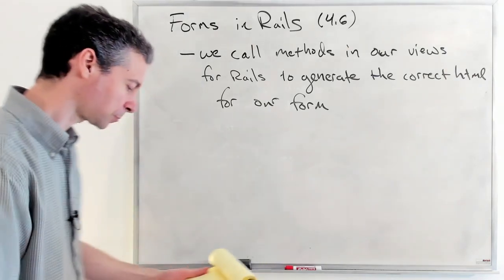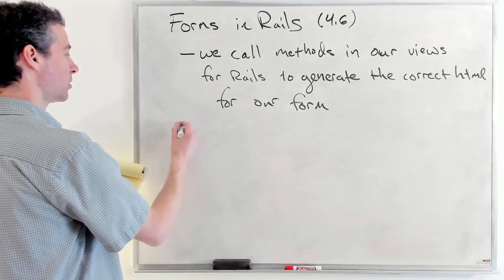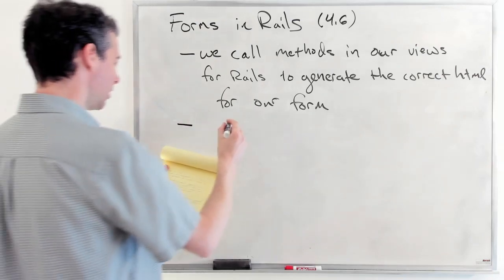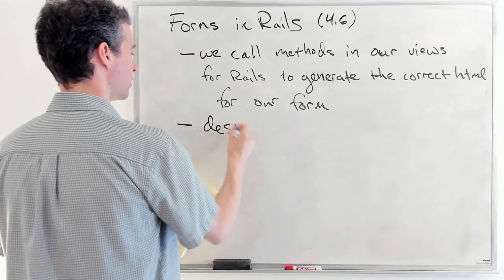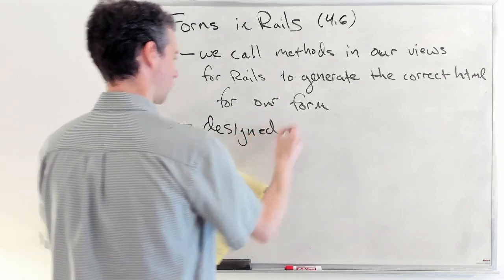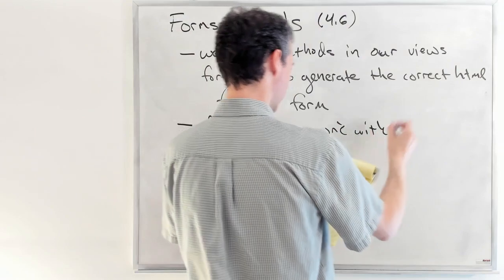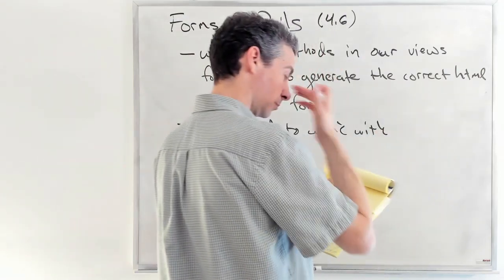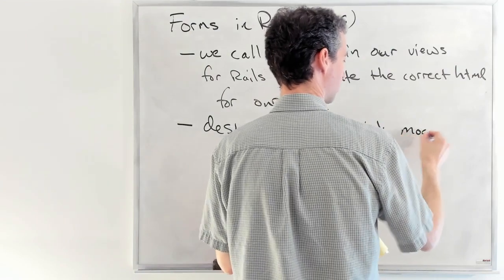All right. So what else can we say about Rails forms other than all of that? Well, one of the neat things is that they are designed to work with models.